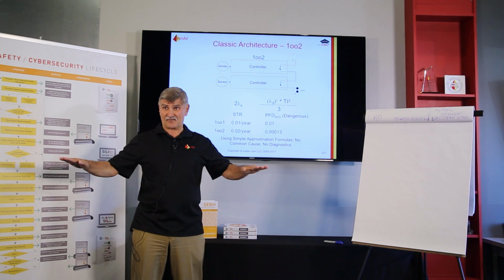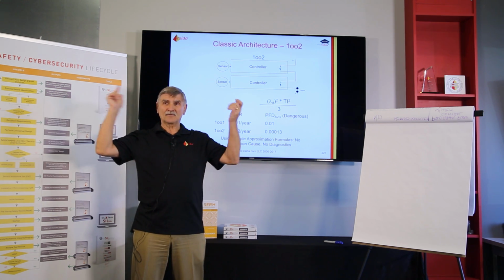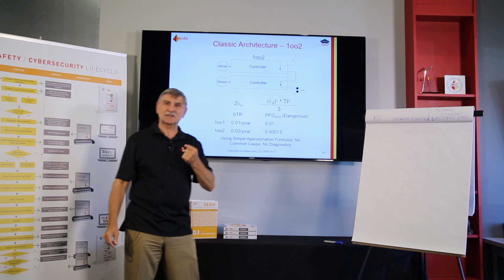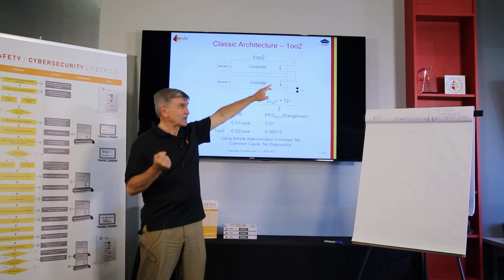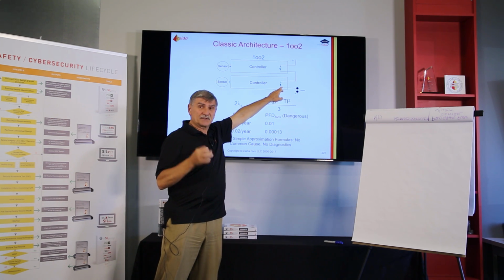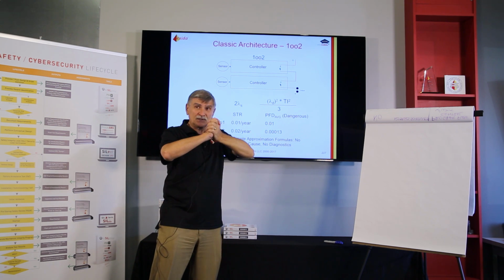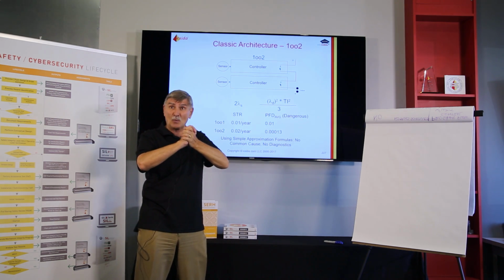Now, what if you were designing a system and this 0.01 PFD is not good enough? Well, first thought that pops into many engineers' head is, aha, I will wire 2 controllers in series. Why do I wire them in series? If one fails dangerous, the switch is jammed closed and will not open.